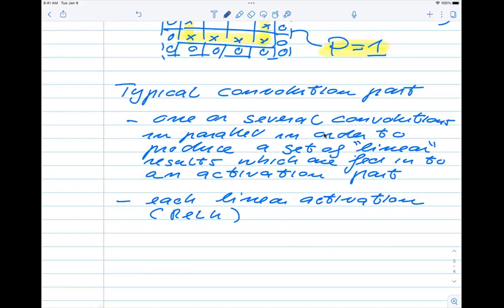So that means that there are no hyperparameters here. Each of the inputs to the linear activations are run through in principle a nonlinear activation function.